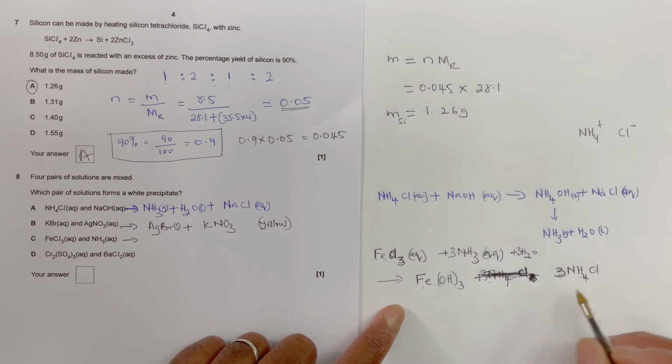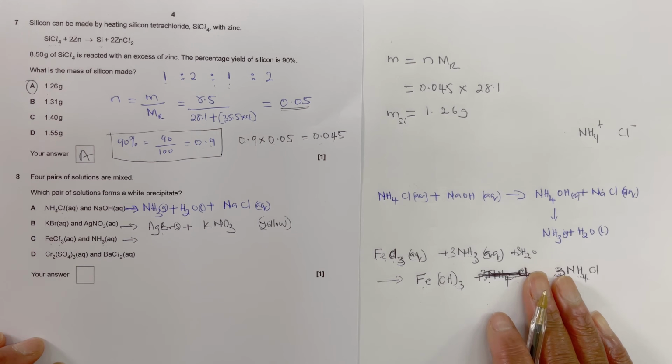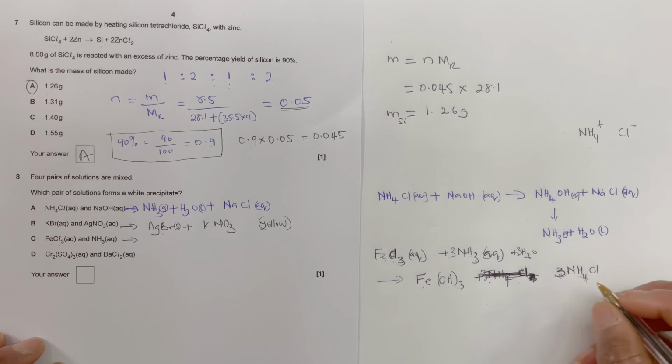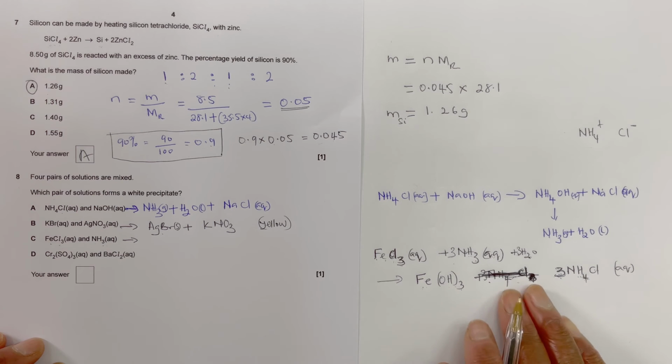So let's count how many H's here. 3 times 4 is 12, 13, 14, 15. So that's balanced. The H's are balanced. Okay, that's a strange one. But this will form an aqueous solution. So that's aqueous, and therefore this is not white.